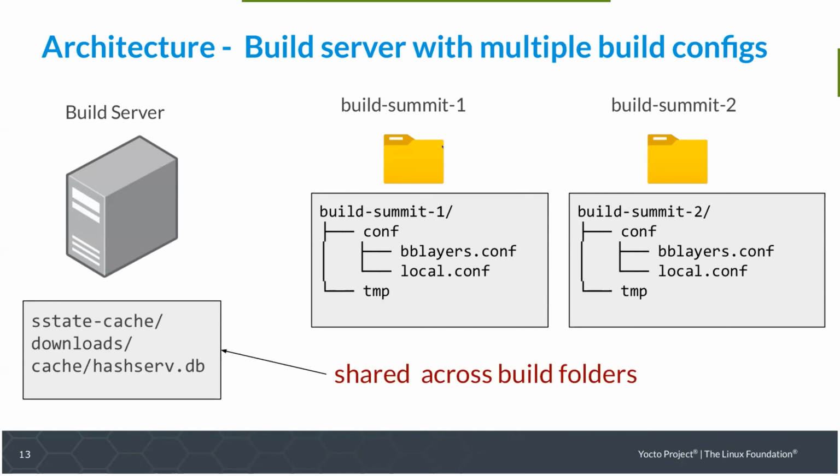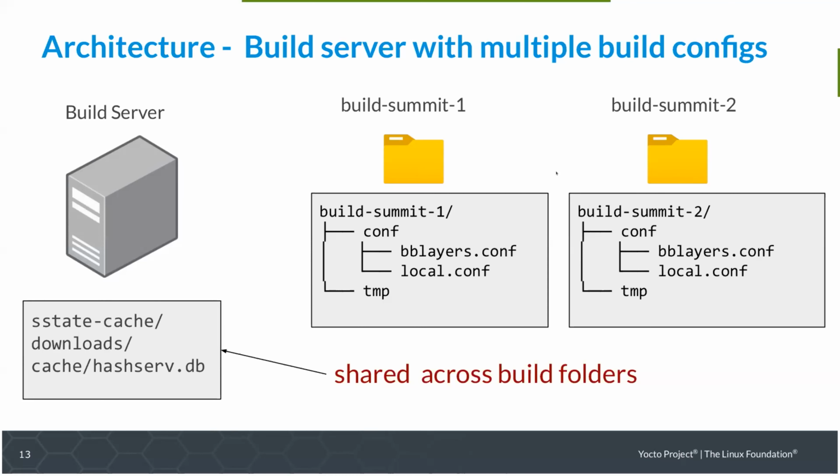You can share this throughout multiple build environments. Let's say we have a folder here, build 1, with some configurations, some layers added to that, or maybe build 1 will build for an x86 machine, and build 2 will build for ARM. We can share this sstate-cache for those two build configurations.